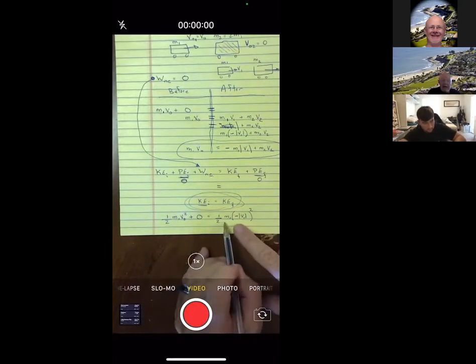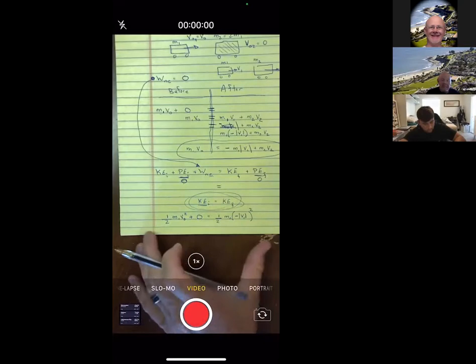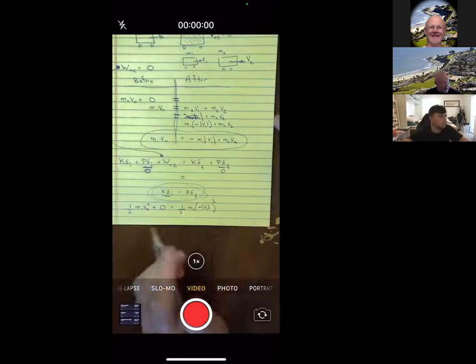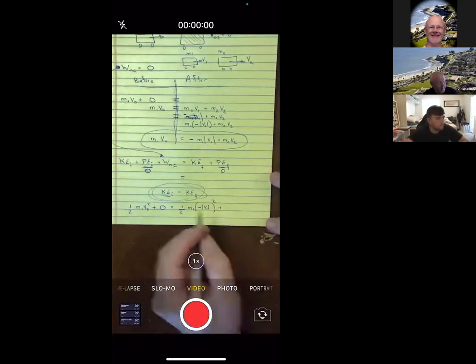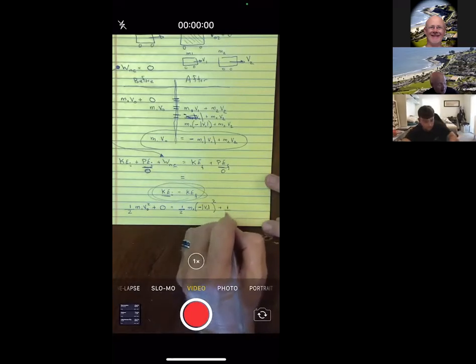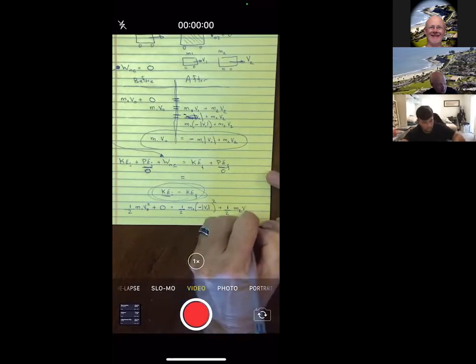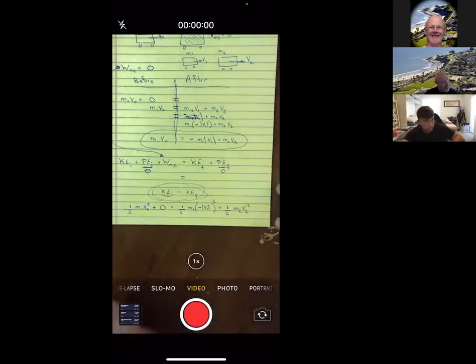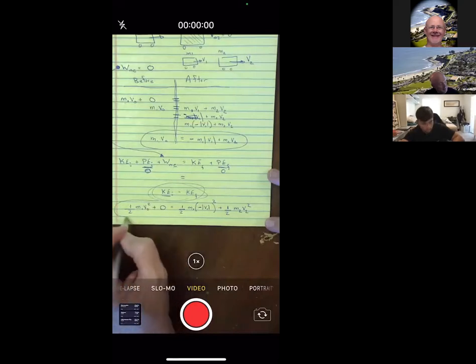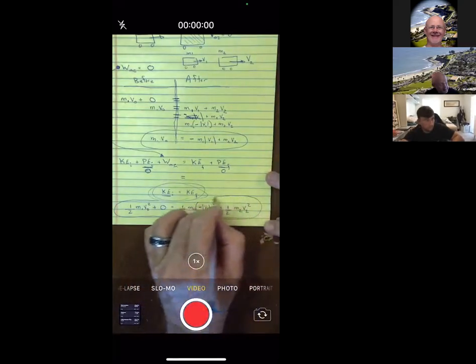So there's the kinetic energy of number 1 after the collision. And number 2 would then look like this. And so maybe I'll put a little circle around it.